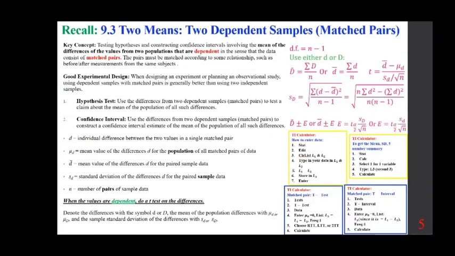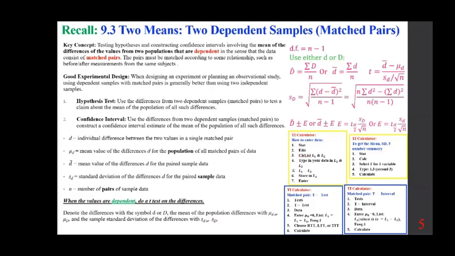Finally, in the case of two dependent samples or matched pairs, in short, we do the t-test for one sample and the t-interval for one sample confidence interval, as long as we calculate the data which is represented by the difference between the two given pieces of information.